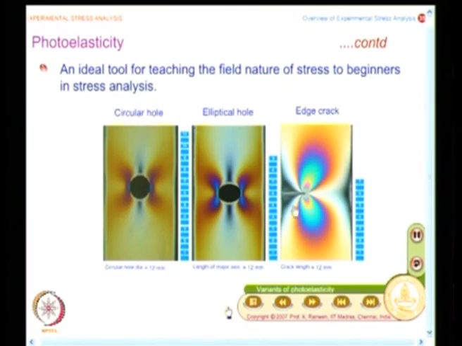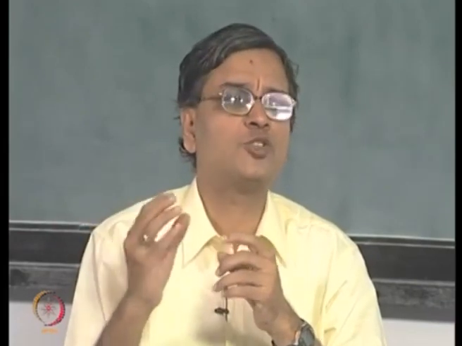The Westergaard solution is very prominent, and the Williams solution is very prominent. So, in theory of elasticity, when they analyze infinite geometry with any one of these defects or cutouts, you have a name attached to those problems. So, photoelasticity is very good to understand stress concentration, to understand the field nature.